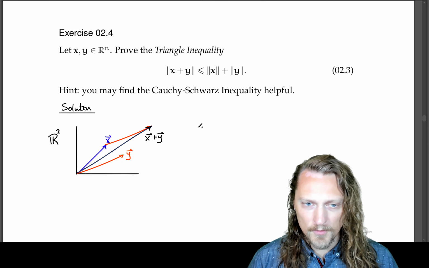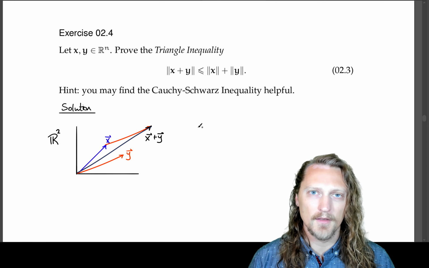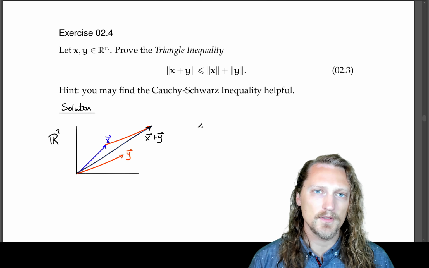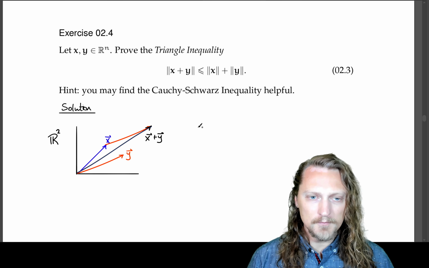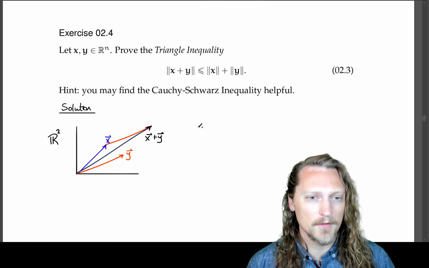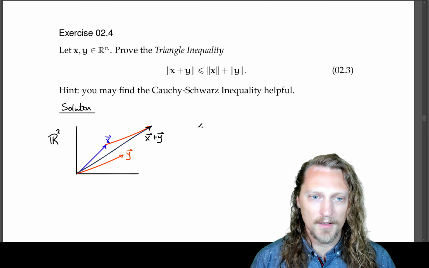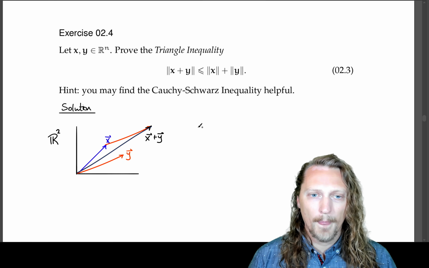So this drawing uses the usual way of visualizing the summation of vectors, which is to move one vector's tail to the head of the other vector, and we see that x plus y is now given.